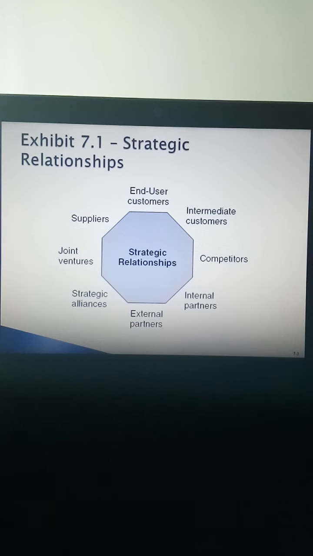Strategic relationships also come from the formation of strategic alliances, through joint ventures, as well as relationships with the suppliers. These channel members could create and deliver superior customer value to the firms.